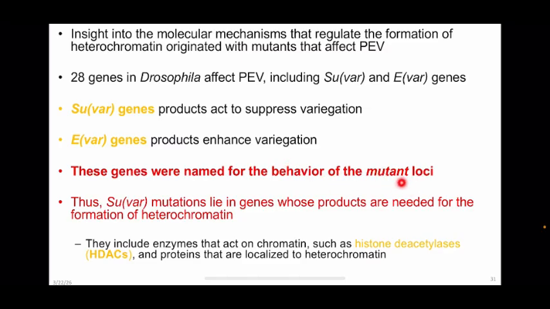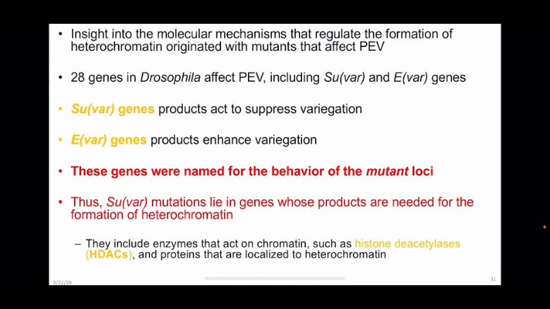But in the mutant ones, Su will suppress instead of enhancing, and E will enhance instead of suppressing. I don't know if this makes sense. It was a bit confusing at first. Su suppressing variegation is talking about the mutant organism, but the normal Su gene does not suppress, it enhances.